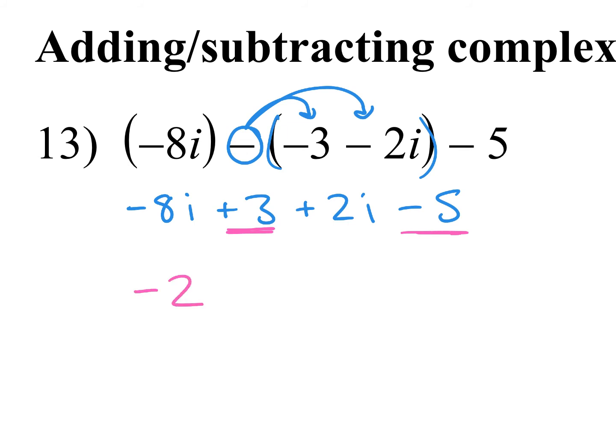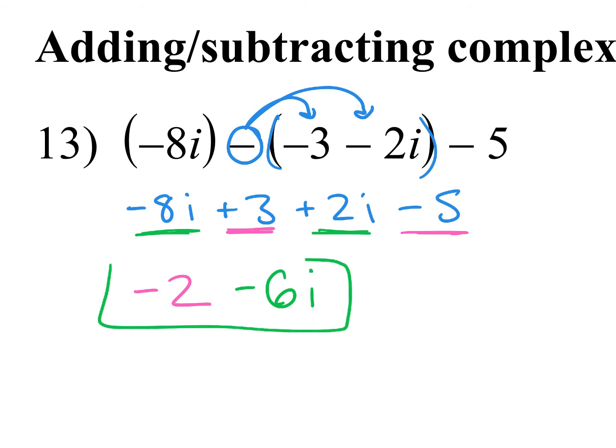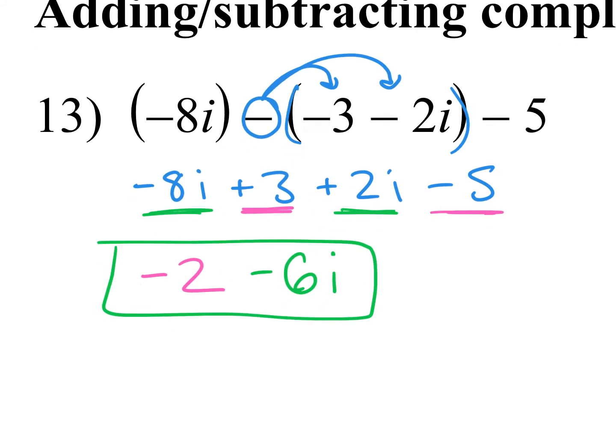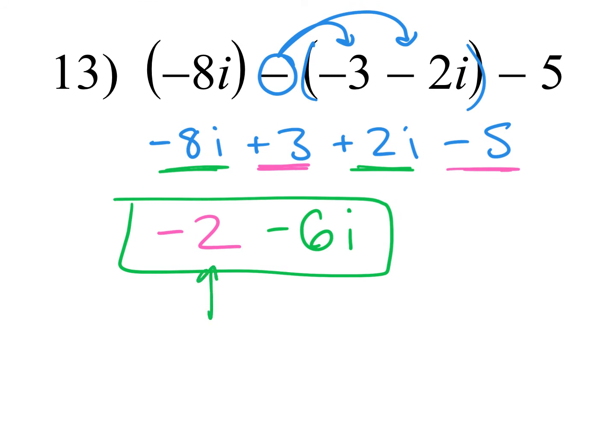Negative 2. What are my imaginary numbers? What's negative 8i plus 2i? Negative 6i. And that's our answer. So remember, we are combining like terms. The real number has to go first, then the imaginary one second.